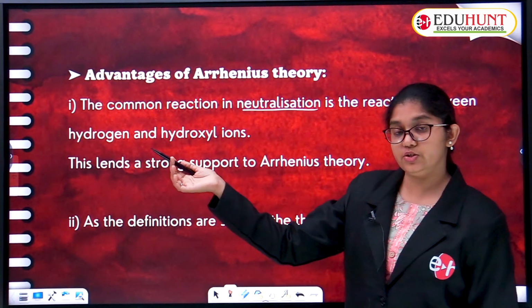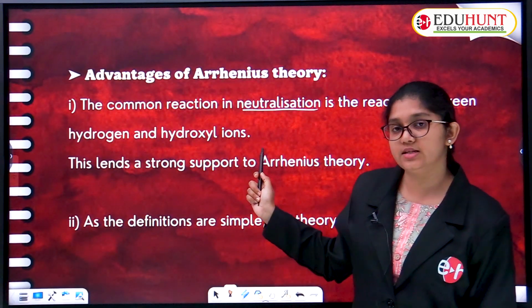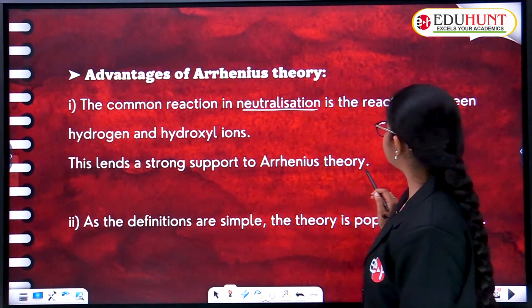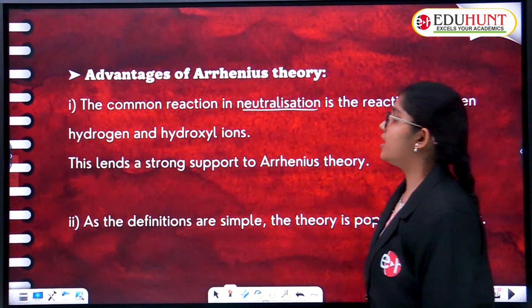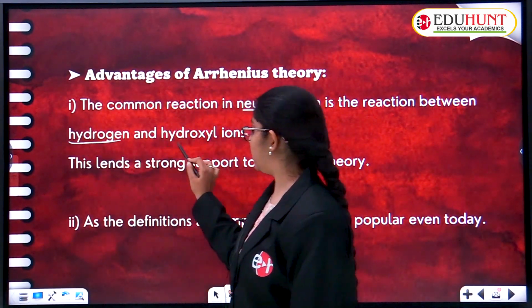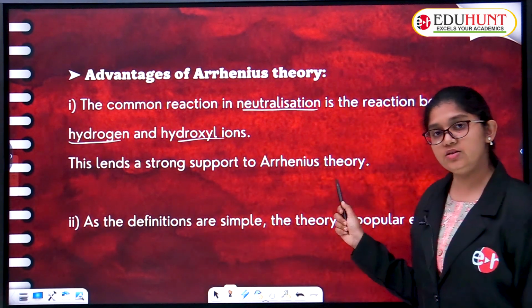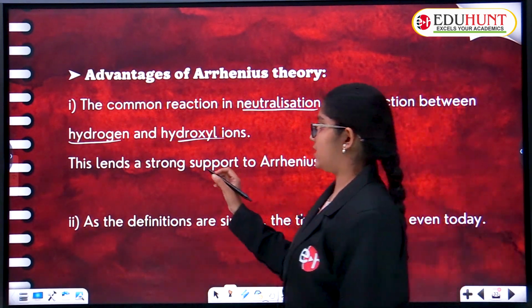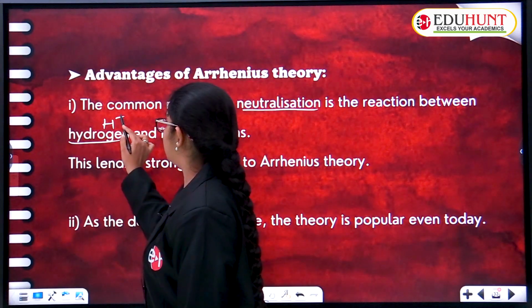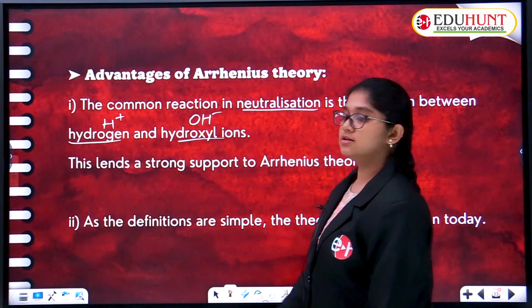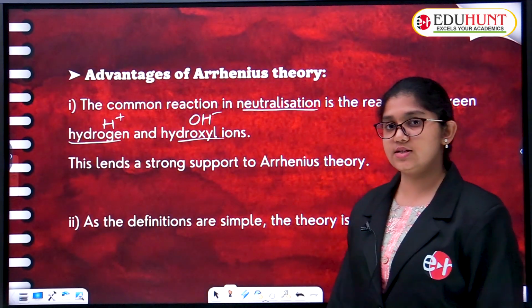In the previous video we discussed neutralization, no? The common reaction in neutralization is the reaction between hydrogen and hydroxyl ions. According to Arrhenius, neutralization is the reaction between H plus ions of an acid and OH minus ions of a base to give rise to undissociated water.